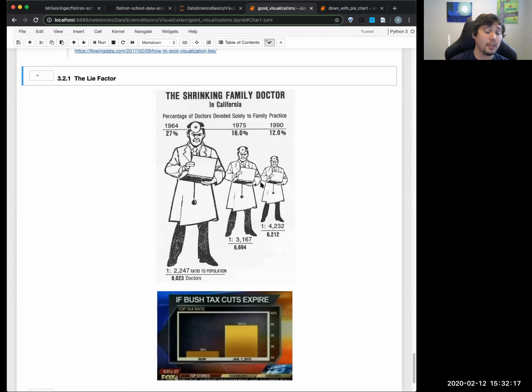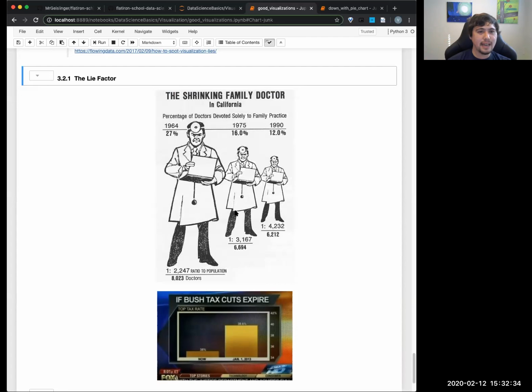And this is what they call the lie factor, where it looks like one thing. It looks like this doctor is shrinking drastically. But 27 to 16 is less than half the size, and this doctor is looking pretty small already.